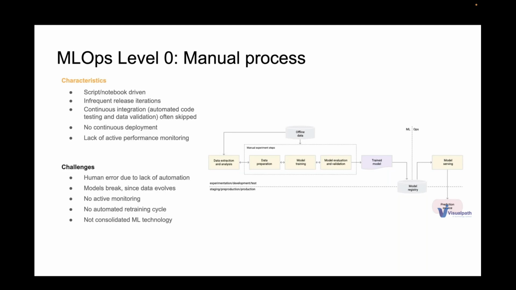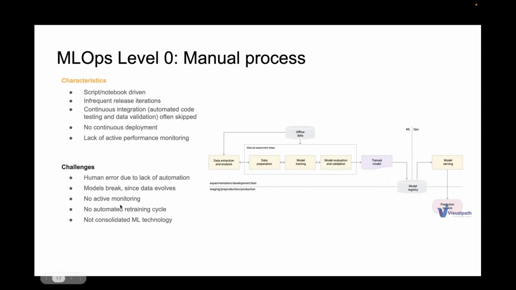COVID hit, and the data patterns changed: buying patterns, traveling patterns, everything changed. Even living patterns changed; now we want an extra room in our house for working from home. These are all examples of how data evolves. This kind of evolution in data happens in all different fields. Take any other examples as well.